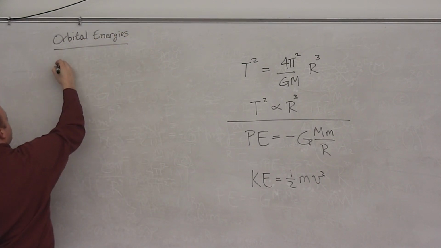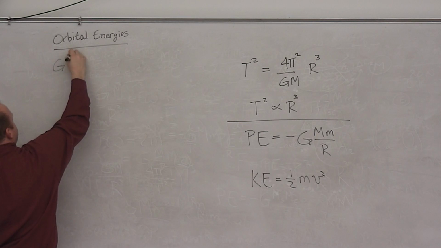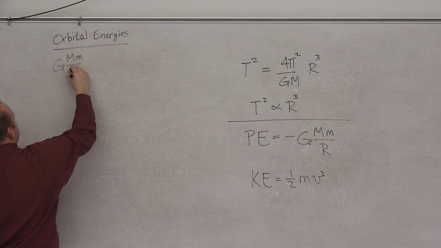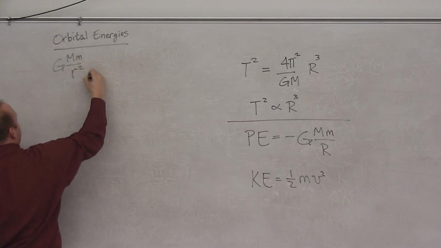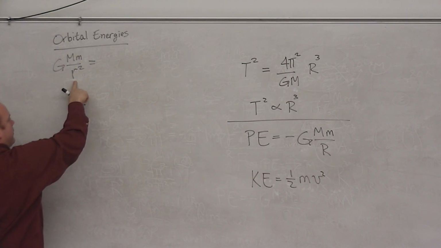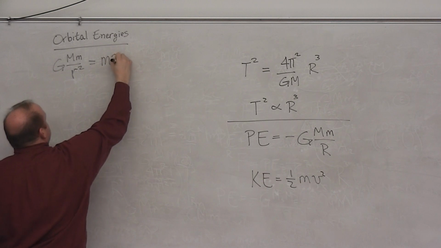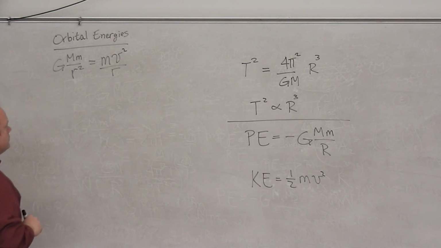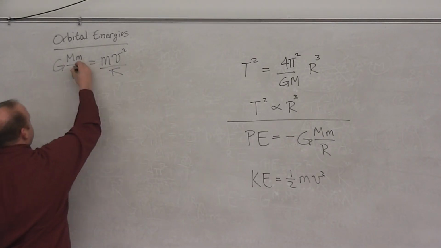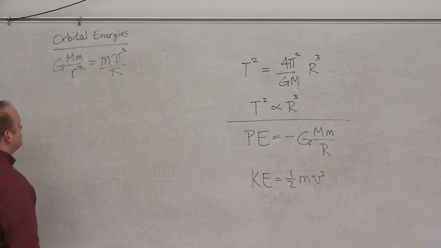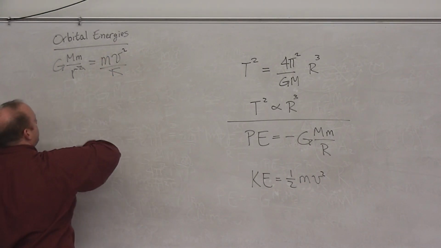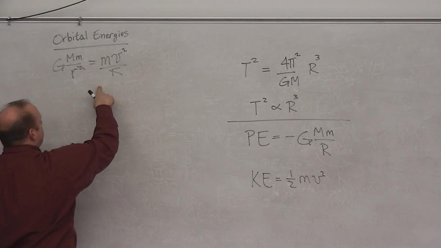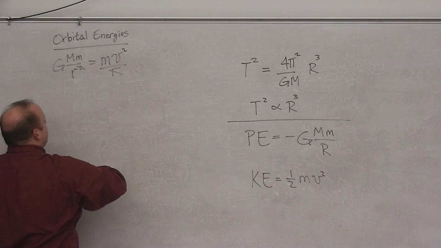Okay, so now we know that big G, big M, little m over r squared, and I'm going to assume that's the surface of the planet, will equal mv squared over r. R drops out. Little m we're going to keep, we could drop it out if we wanted to, but we want to get the kinetic energy.